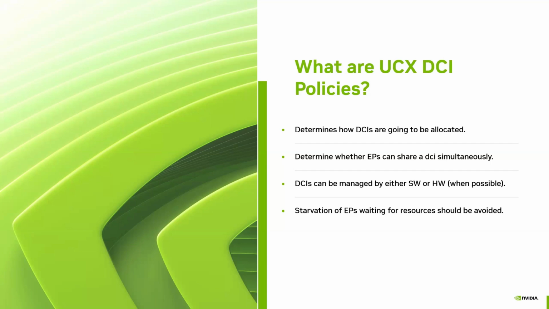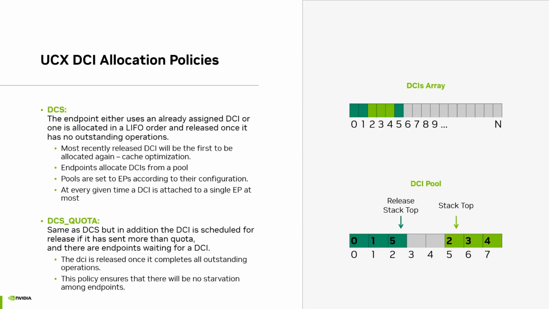One important thing about policies is to avoid starvation of EPs that are waiting for resources, or the other way around, not efficiently utilizing the available resources in that policy.